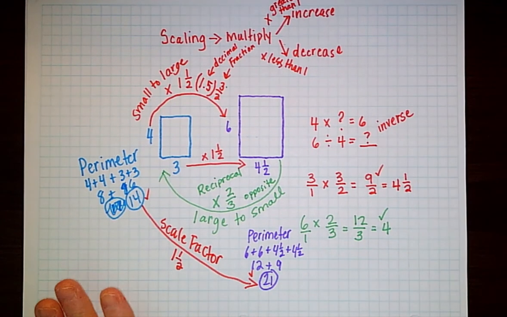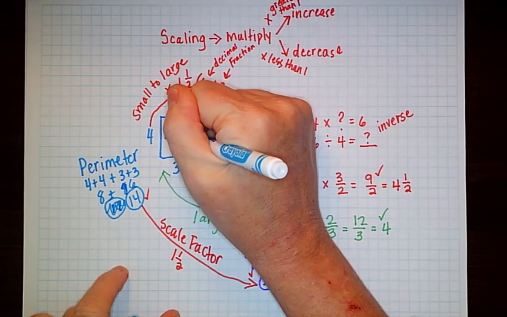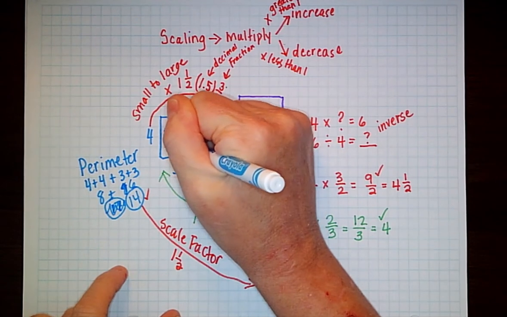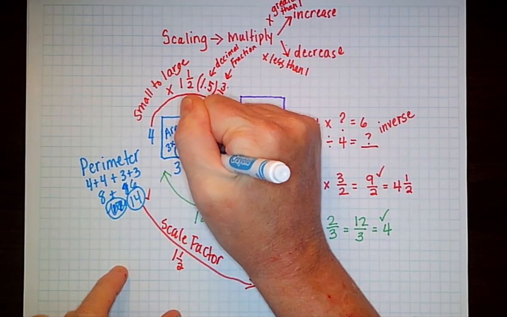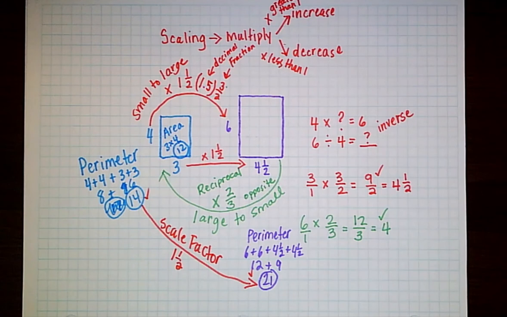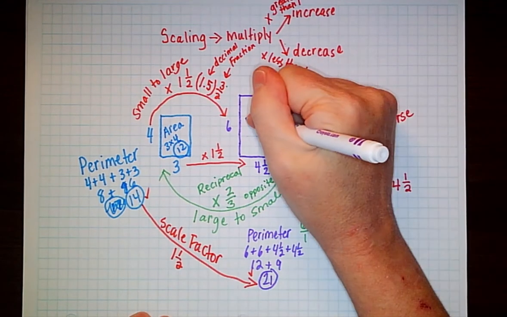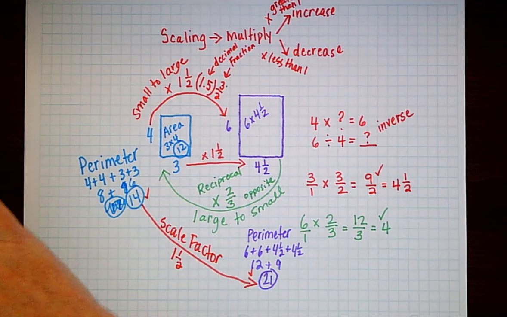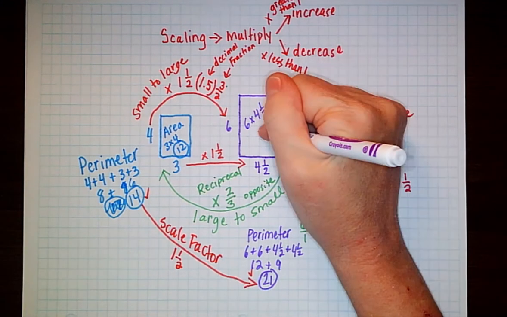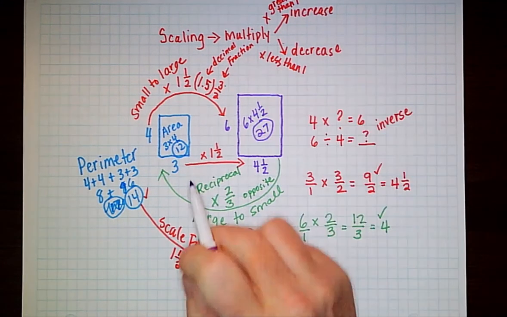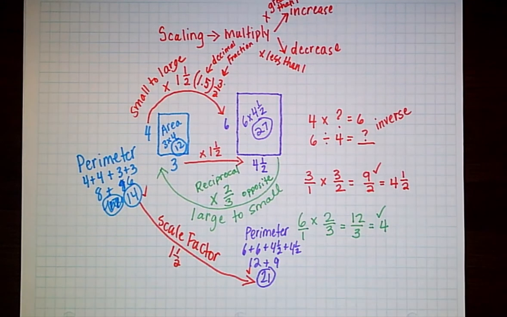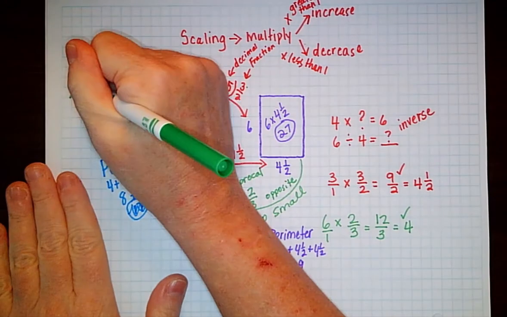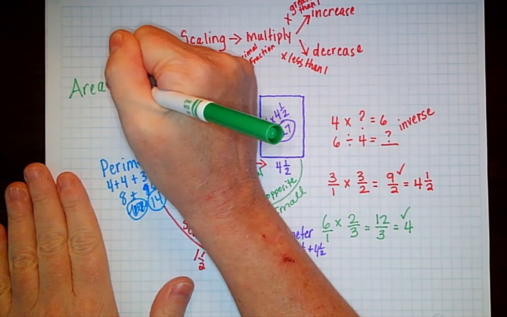Area is a little different. 3 times 4 is 12. The area of this shape is 6 times 4.5, which is 27. 12 times 1.5 is not 27. So area is unique. Area does not use the scale factor.